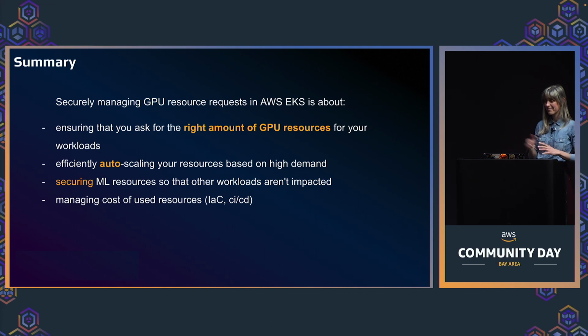So, summary. We are now adding newer resources to our Kubernetes routine. These are GPU resources. There's nothing to be scared about. Theoretically, for us, this is just a newer instance type. We want to make sure that we understand what they are, and we can help our engineering teams pick what they need.